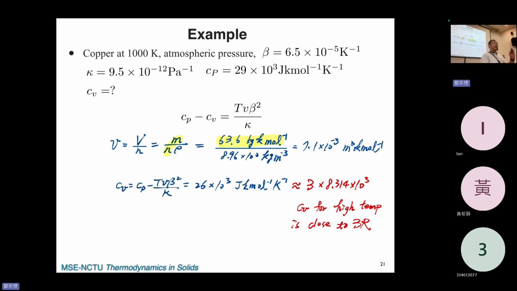Okay, this will be important in PDF 9. This is PDF 2, right? But in PDF 9, we will see this 3R and have a more deep discussion for this. All right, so 3R CV, for the solid or copper or something.